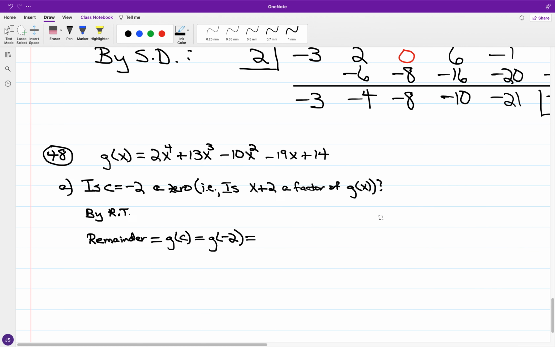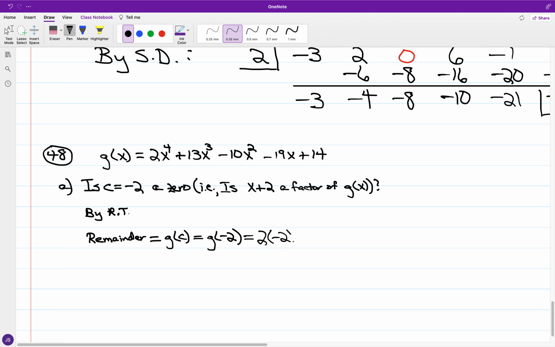Okay, so we got 2 times negative 2 to the fourth, plus 13 times negative 2 to the third, minus 10 times negative 2 squared, minus 19 times negative 2, followed by the addition of 14.